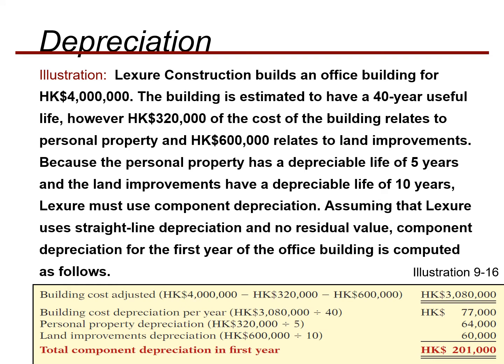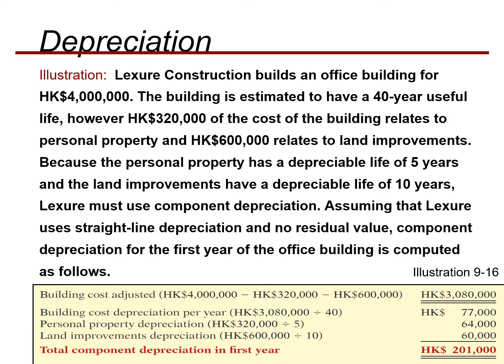Personal property depreciation is 320,000 divided by 5, since 320,000 was the cost of that personal property and it has an estimated useful life of 5 years. So that gives 64,000 per year. Land improvement depreciation: 6 lakhs is the cost and 10 years is the estimated useful life, so we divide and get 60,000 depreciation expense for the period.